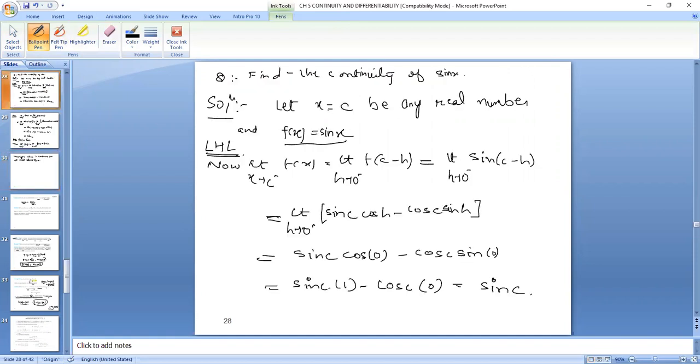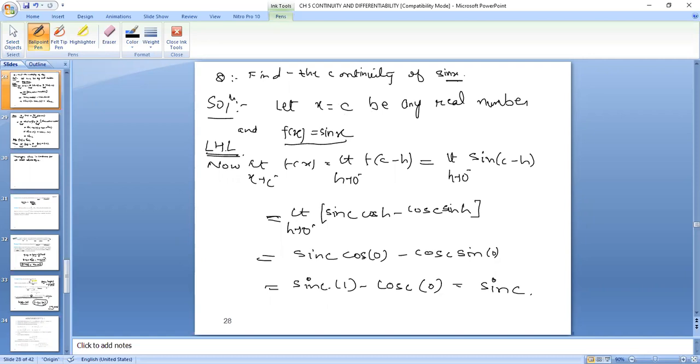So I'll repeat again. The question is, find the continuity of sine x. So we are checking the continuity of x for all real numbers. We are taking x equals to C, let x equals to C be any real number, and our function f of x is equal to sine x given to us.